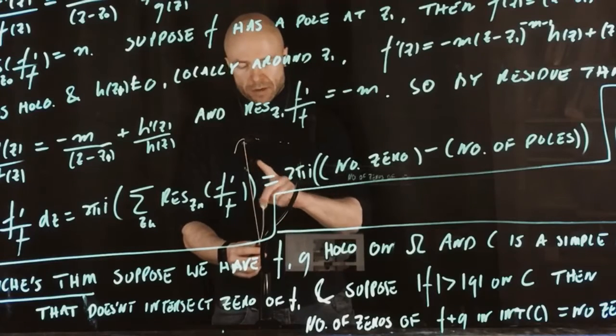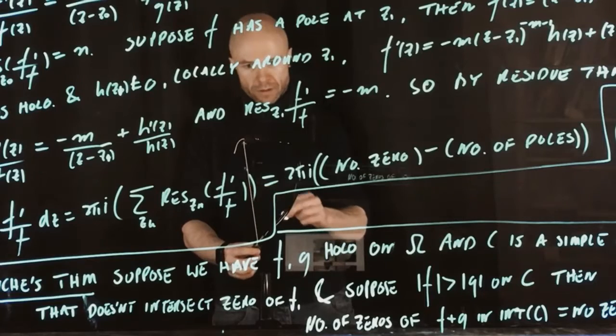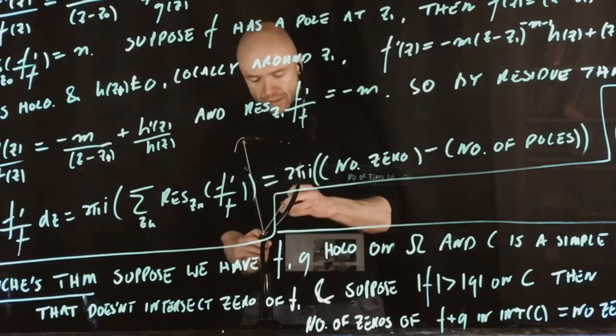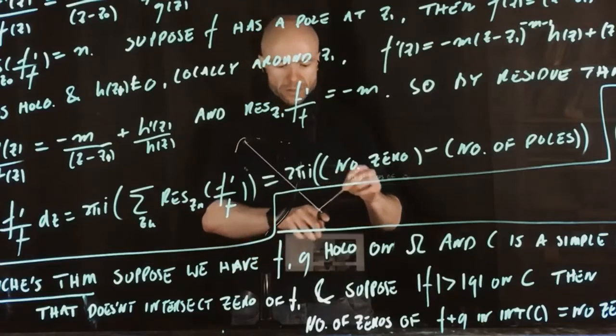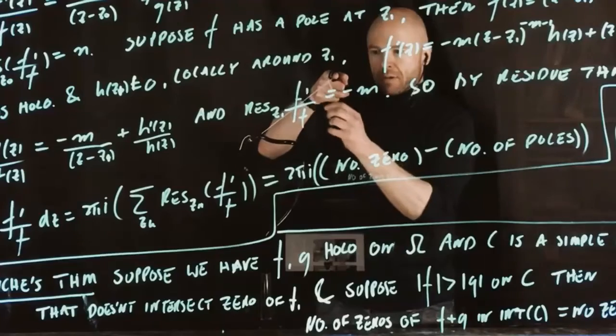So this is 0, and this is g, right? And g could be pointing anywhere, but the absolute value of g is always less than the absolute value of f. So watch what happens as g is doing whatever it wants to do.